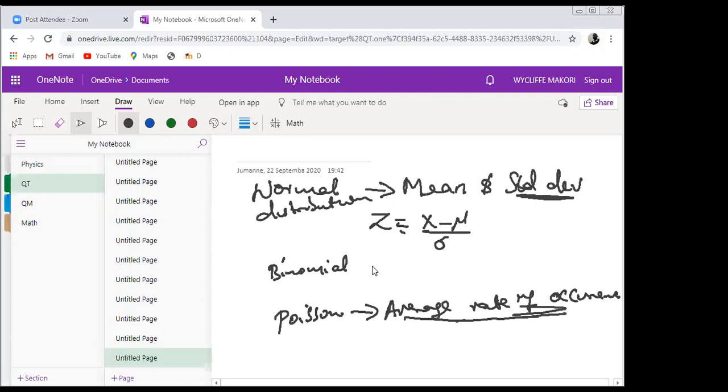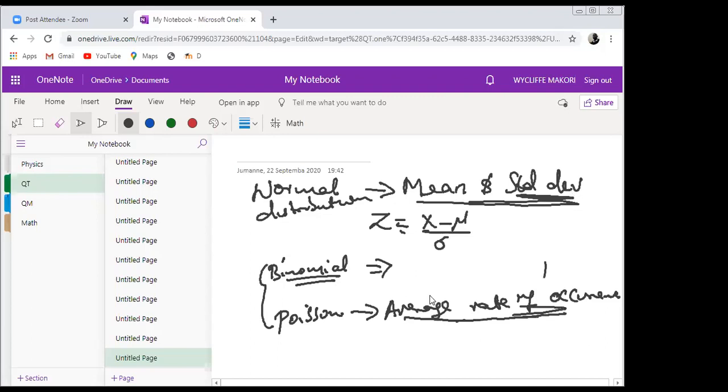But if you are given the probability of success of an event, and then you also have the failure, then you go to the binomial. So actually what can confuse you is these two. For the normal distribution, it is automatic. You will be given the mean and the standard deviation. And with these two, there is nowhere you will be given the standard deviation.